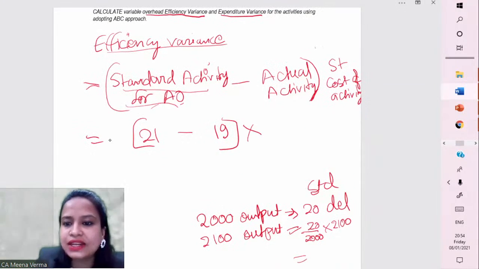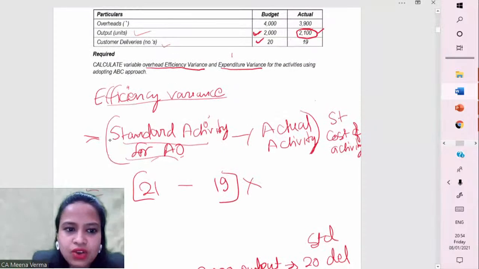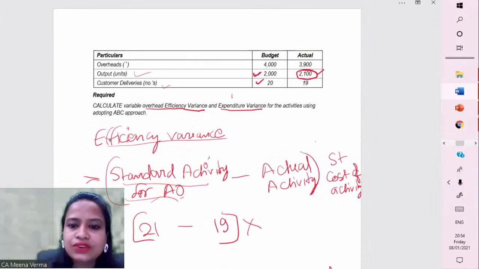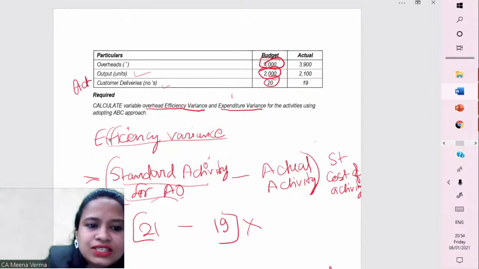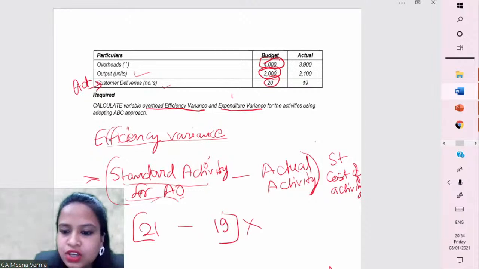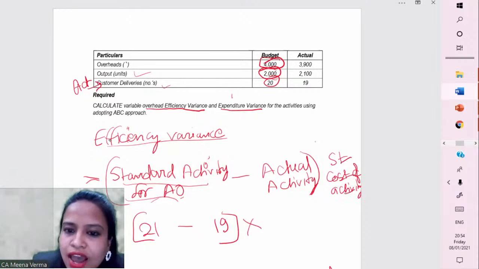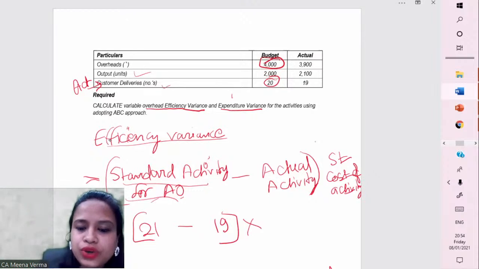Okay, then standard cost of activity. What is the standard cost of activity? You can see this is the standard cost, this is the standard output, and this is the standard delivery. Delivery is the activity. Activity is the number of deliveries. So I want the standard cost of activity, not the standard cost per unit.